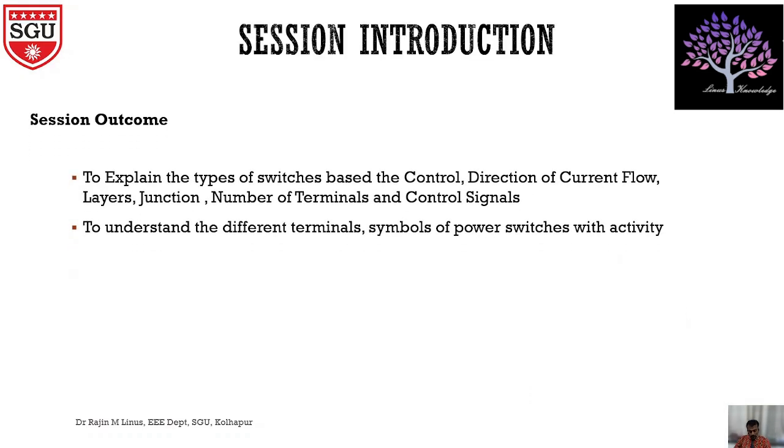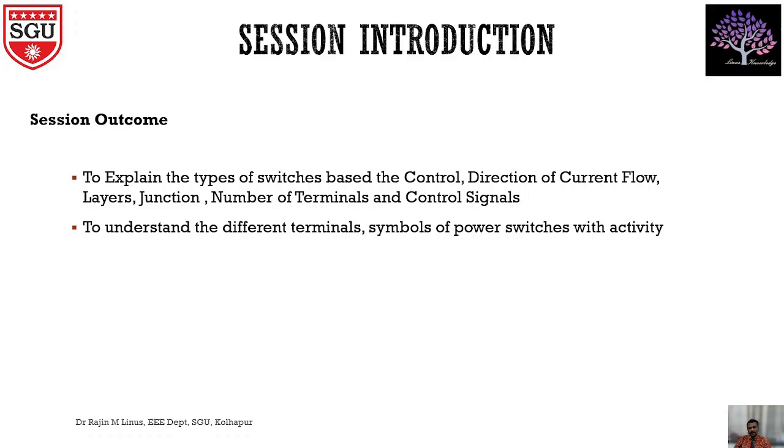The first outcome is to explain the types of switches based on the control, direction of current flow, layers, junction and number of terminals and control signals. Then we understand the different terminals and symbols of power switches with one activity. These two are the main outcomes.